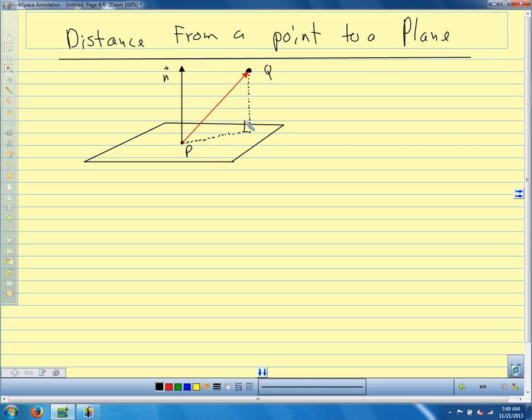And we have a nice right triangle there. So we're interested in D, the length of this side. Well, here's what I'm going to do to find D. I'm going to project this over this way as well. And this is D. And I'm going to call this angle, let me move N up here a little bit, that angle theta.